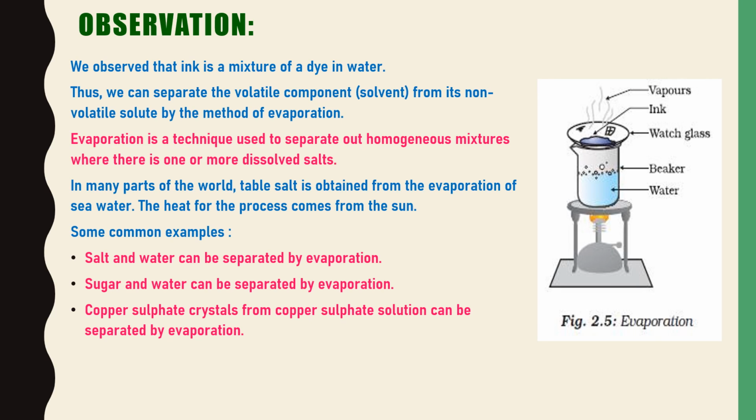In many parts of the world, table salt is obtained from the evaporation of seawater. The heat for the process comes from the sun. And some common examples where the evaporation technique is used for separating the components of a mixture: salt and water can be separated by evaporation.